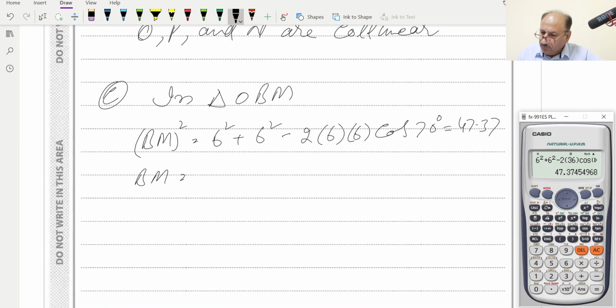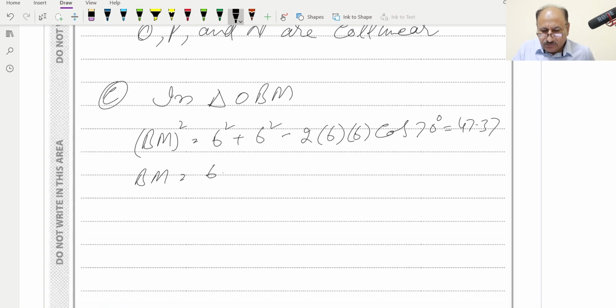And for BM we will be taking the root of this answer, which is 6.88. Or otherwise we can keep BM as the square root of 47.37 and utilize it like this.